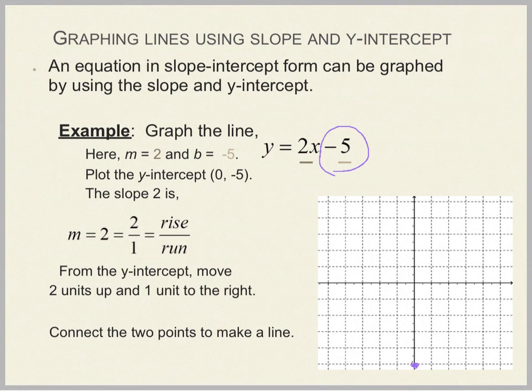I then know that I have a slope of 2, meaning I'm going to rise 2 units and run 1 unit to find another point on my line. I can then connect these 2 points to make the line, or if I wanted, I could rise another 2 units and run another unit until I see a better picture of this line for me to connect.